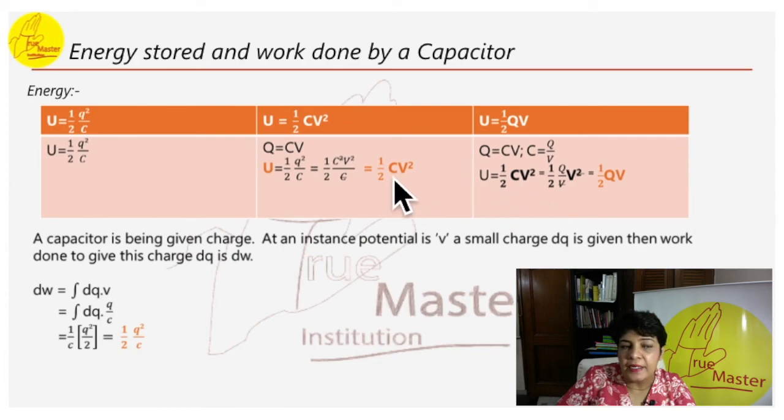Q is equal to CV, so we know C is equal to Q by V. Putting the value of C here, we get half Q by V times V square. The V in the numerator and denominator cancels, and we are left with half QV. So these are the three formulas for energy. I hope this session was useful to you. Thank you.